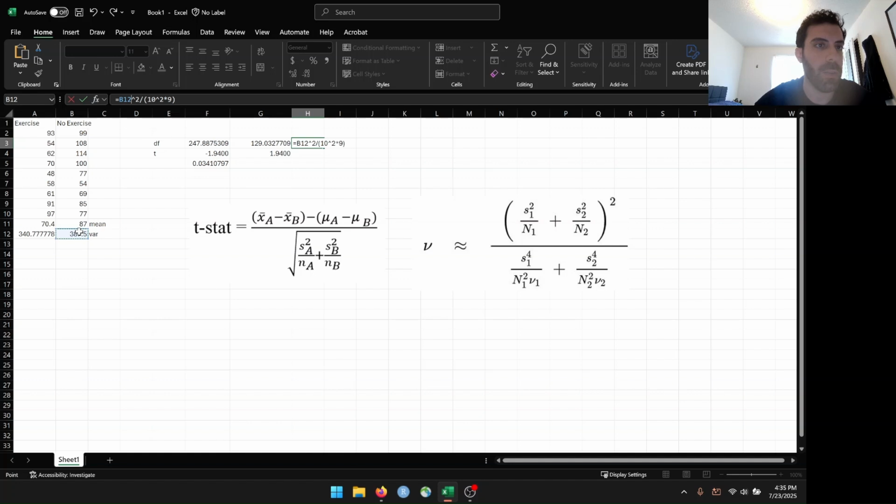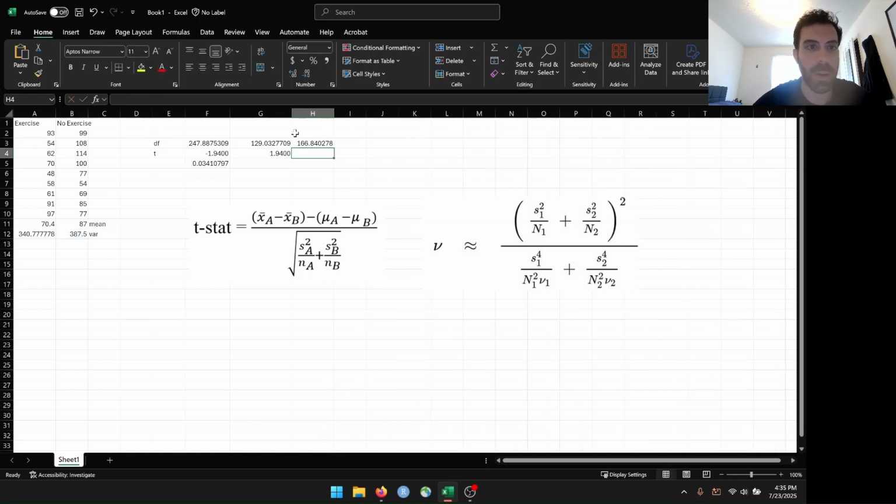So I needed, and some of you may have caught that, but yeah, I needed the variance here. Okay, so this is going to give me a lower degrees of freedom now because I squared that quantity. Variance of 1 divided by the sample size plus variance of 2 divided by the sample size, that quantity squared is my numerator. That's correct.